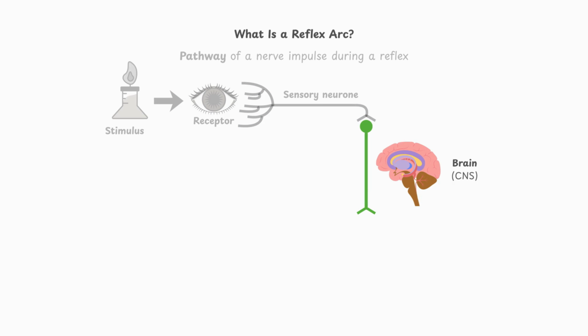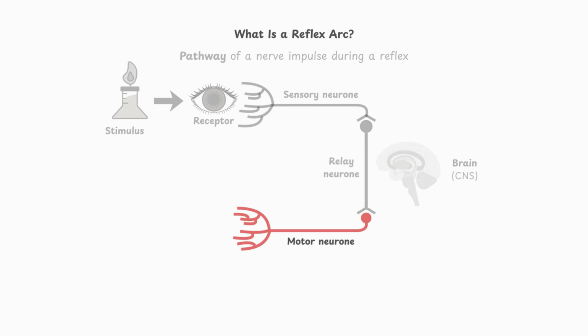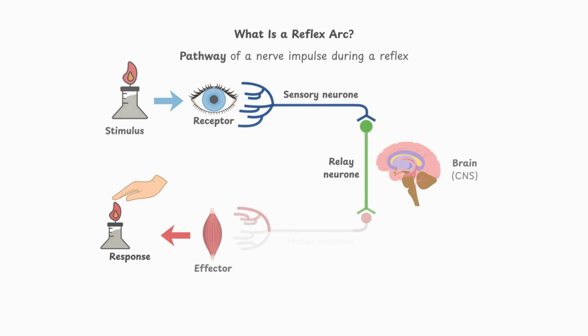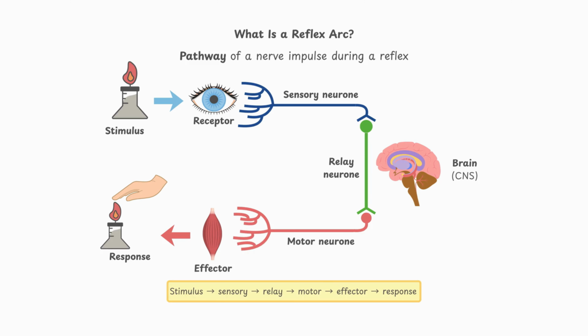Inside the central nervous system, usually the spinal cord, the impulse passes through a relay neuron. The relay neuron quickly transfers the signal to a motor neuron. The motor neuron then carries the impulse to an effector, such as a muscle or gland. Finally, the effector produces a response. This entire pathway allows the body to react rapidly and automatically without needing conscious thought first.